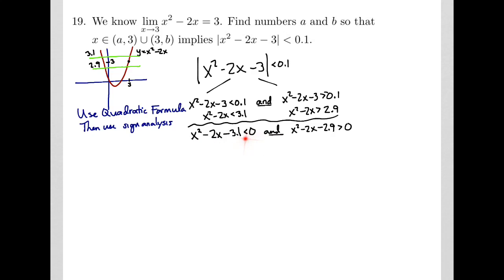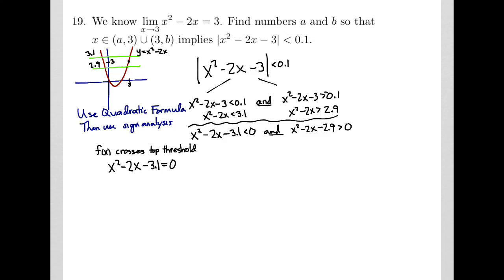Solving this first inequality corresponds to being below the top line. And so I'm really interested in finding these 2 points where the line y equals 3.1 crosses the parabola. And that corresponds to solving one of the quadratic equations.